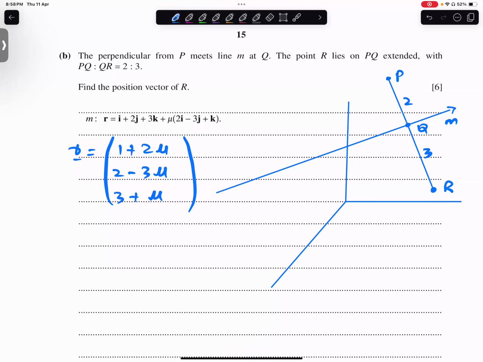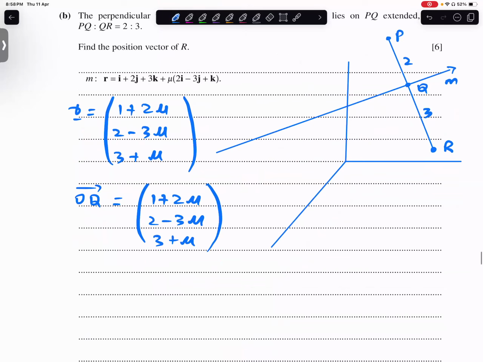This is line M. And OQ will be 1 plus 2 mu, 2 minus 3 mu, 3 plus mu, because Q lies on M, so it has the same position vector as the line itself.